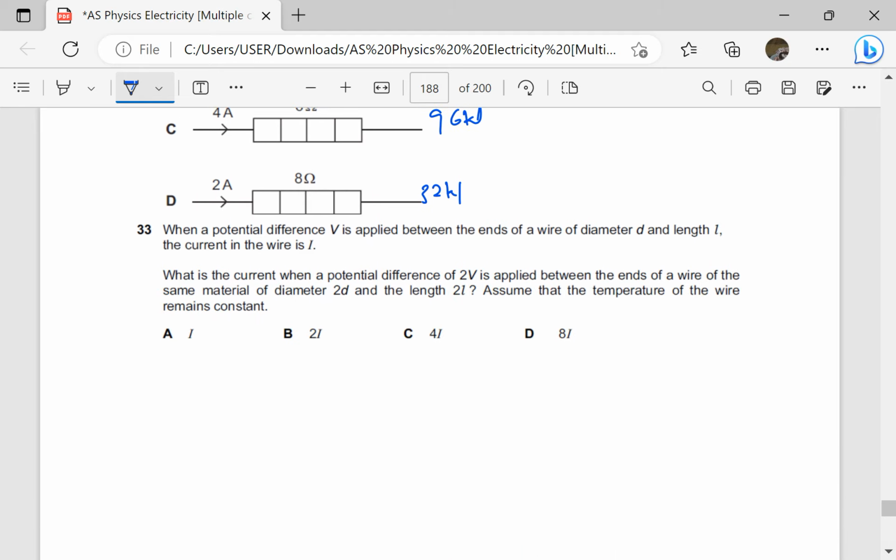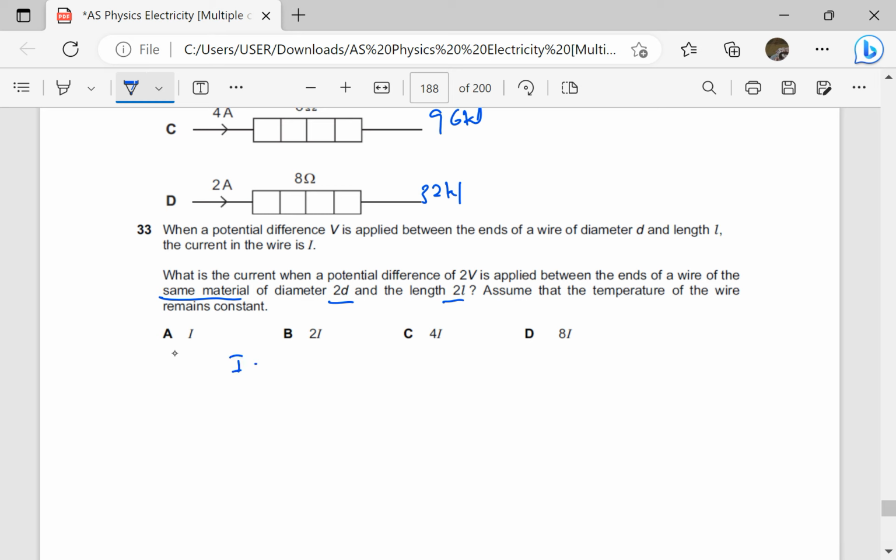When a potential difference V is applied between the ends of a wire of diameter D and length L, the current in the wire is I. What is the current when the potential difference of 2 volts is applied between the ends of the wire of the same material? That means the resistivity is the same, diameter is twice D and length 2L.